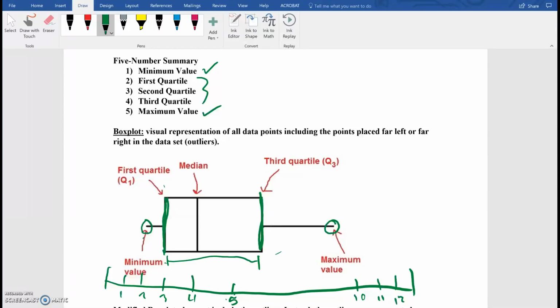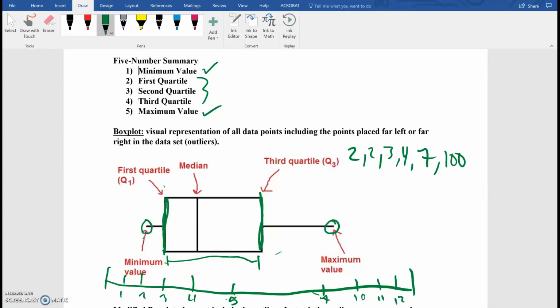Okay. All right. Now, the thing is, what happens if I had data that looked like this, like 2, 2, 3, 4, I don't know, 7, right? Something that looked like that. Then all of my data lies between 2 all the way to maybe 7. But let's say I had a number of 100, an extreme value.